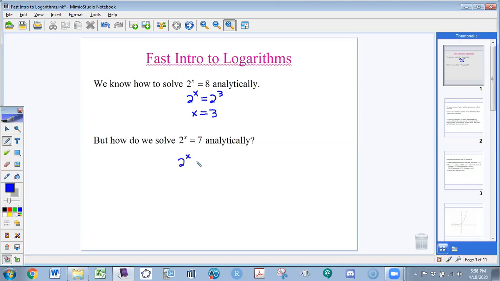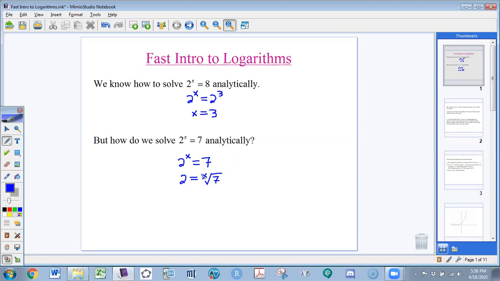Many students might look at this and think, well, just like when I have x squared equals something, I'll just take the square root. So in this case, I will just take the xth root of both sides. However, that doesn't actually get me any closer to finding the value of x.